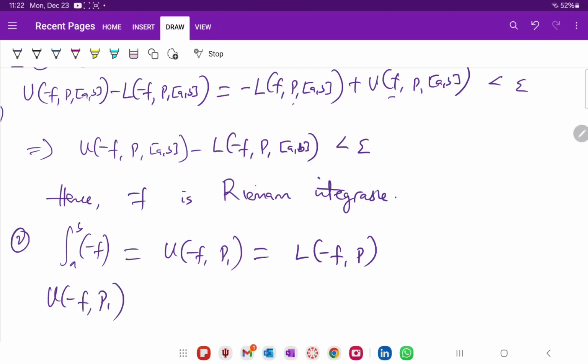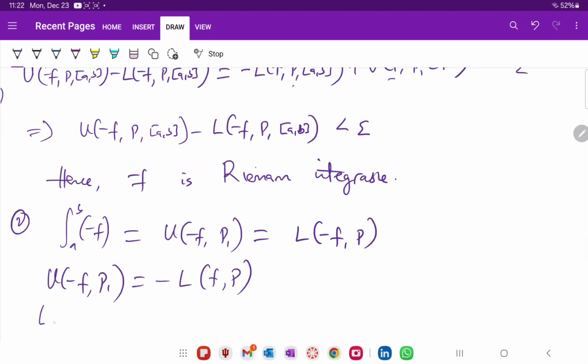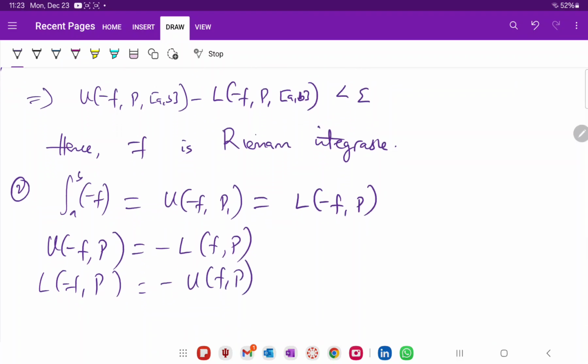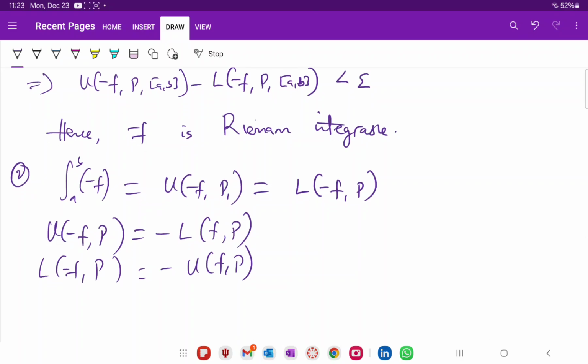This is equal to minus the lower integral of f, and then we have this also, minus the integral of f.